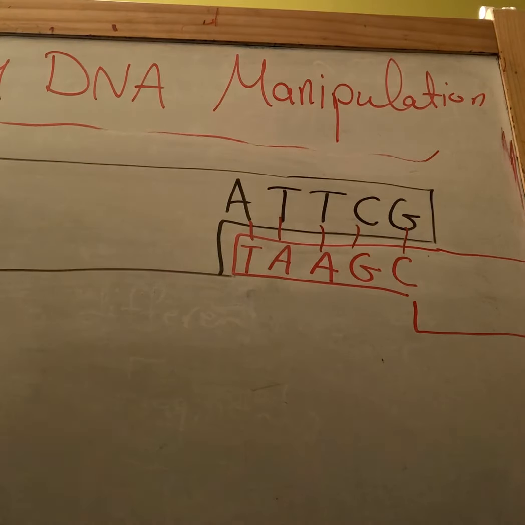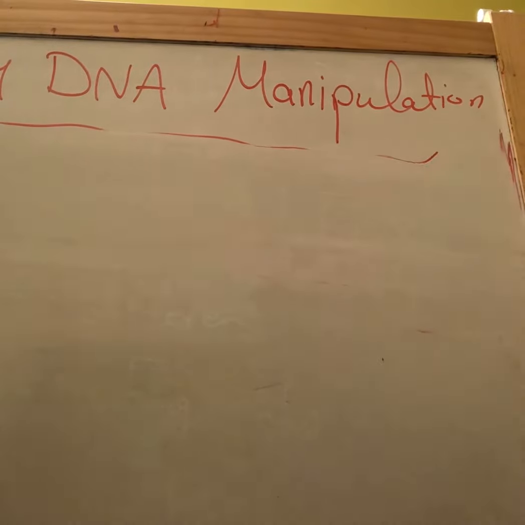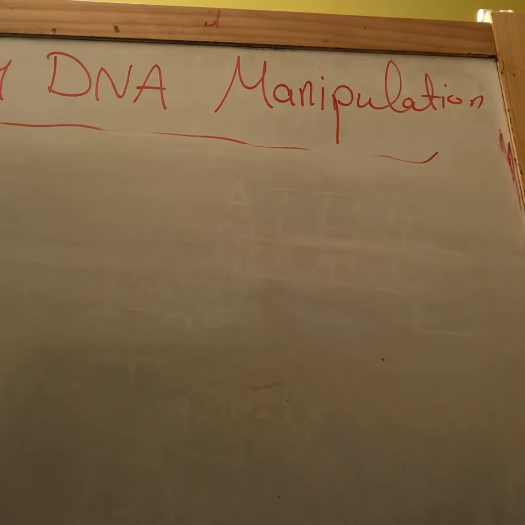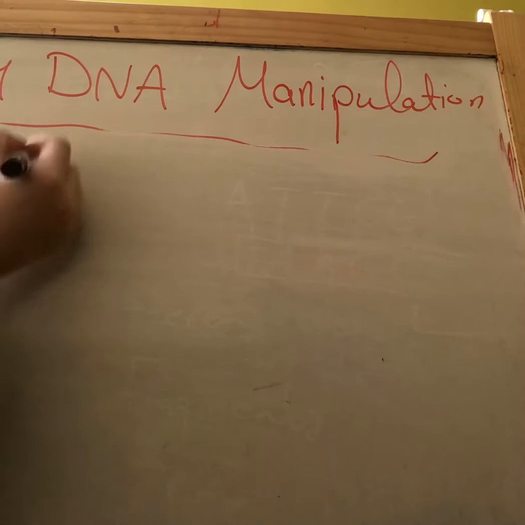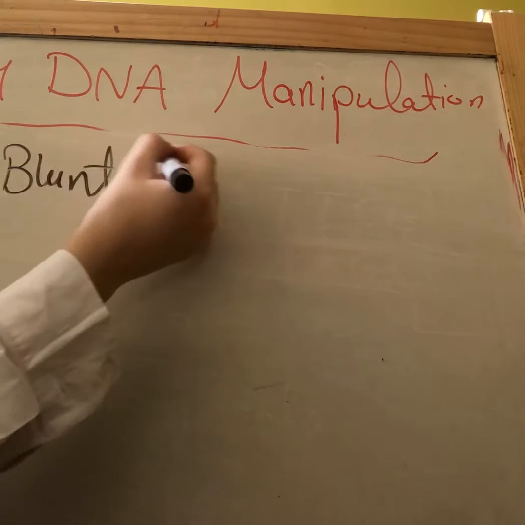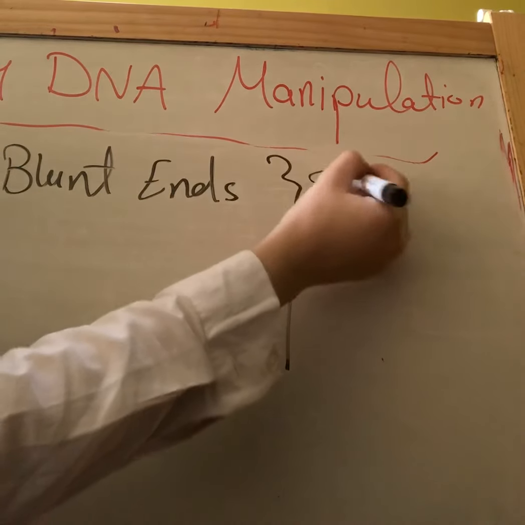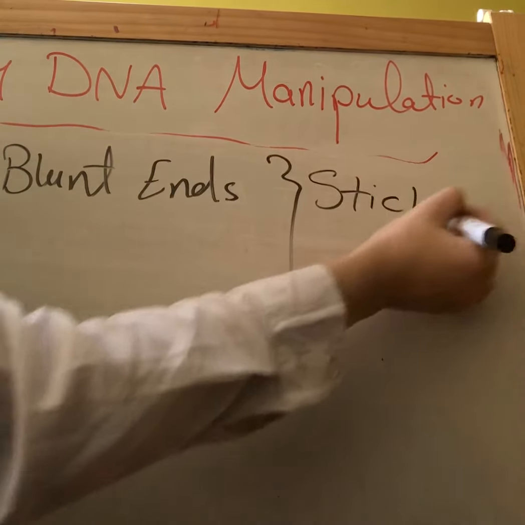So there are 2 ways for restriction enzymes. Some restriction enzymes cut the DNA to form blunt, regular ends.